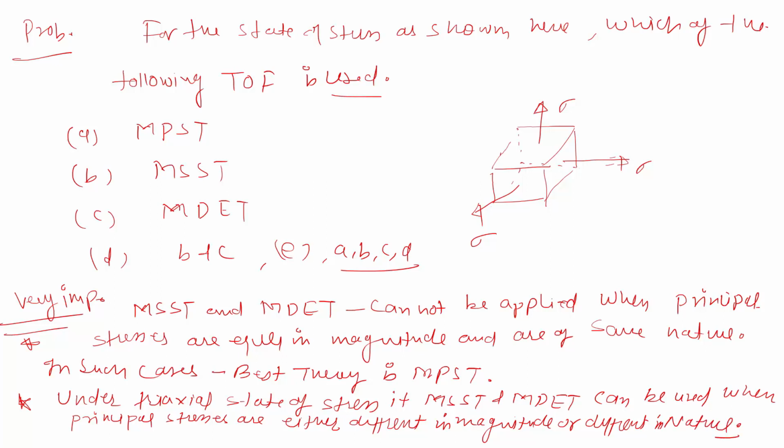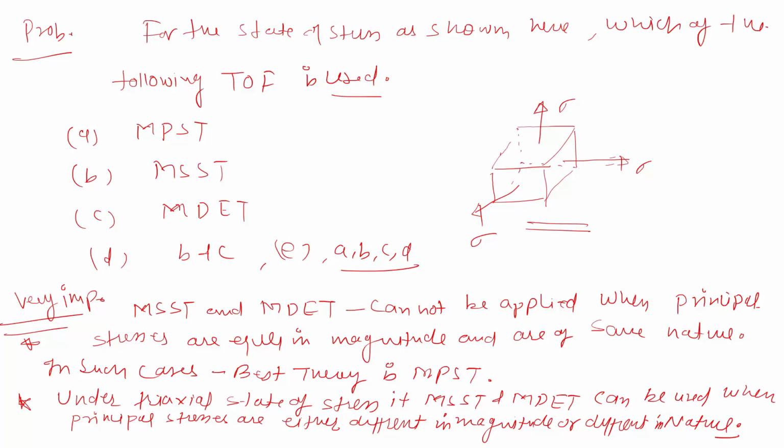So if we are facing this type of situation, then we have to be very careful while choosing the theory of failure to apply to design the component. If all the principal stresses are equal in magnitude and of the same nature, we cannot apply MSST or MDET. In triaxial cases, MSST or MDET can only be applied when the principal stresses are either of different magnitude or different in nature.